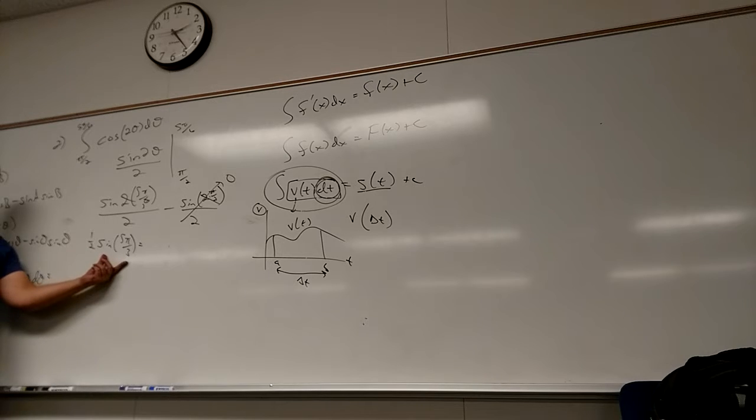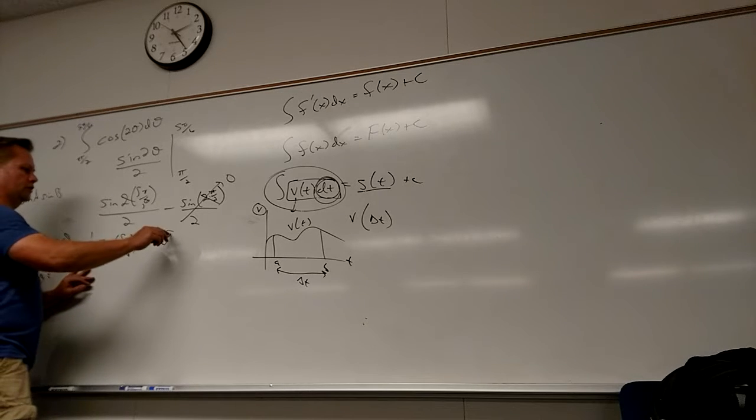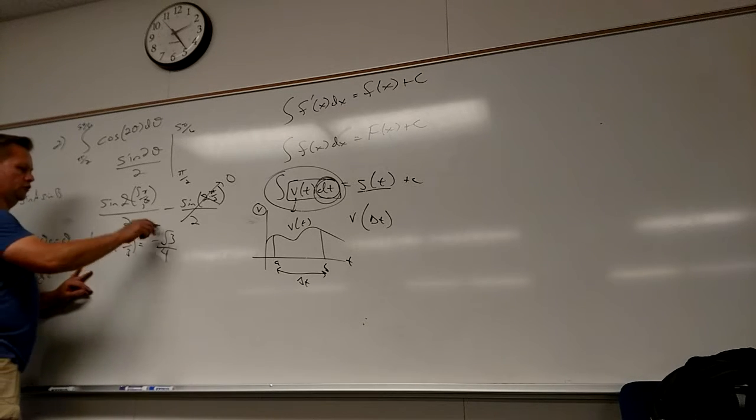What is sine 5 pi over 3? Yes. Negative square root of 3 over 2, so you get negative square root of 3 over 4 total.